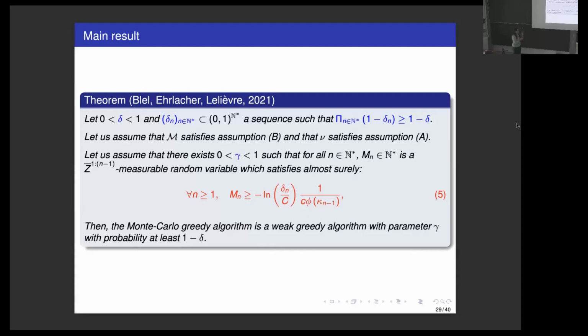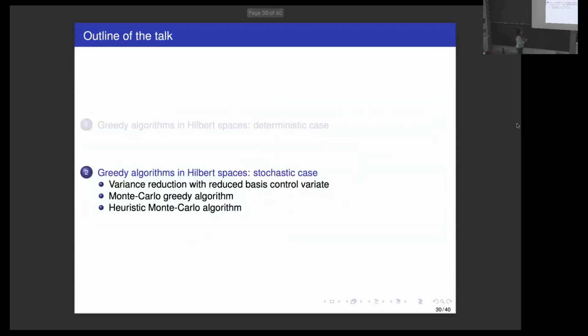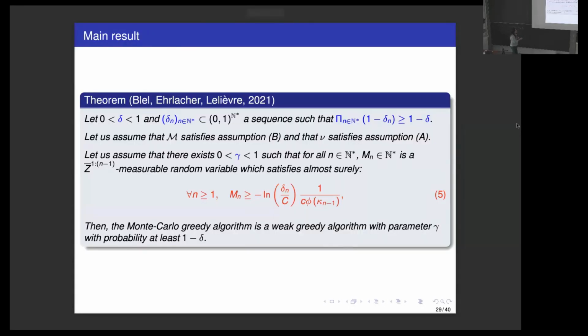And so this is a theoretical result which gives an estimate of the number of samples which have to be used at each iteration of this greedy algorithm to guarantee this property. The problem with these theoretical results is that they give very pessimistic bounds on the number of samples. So it has the merit of existing, okay, but it gives very pessimistic bounds.